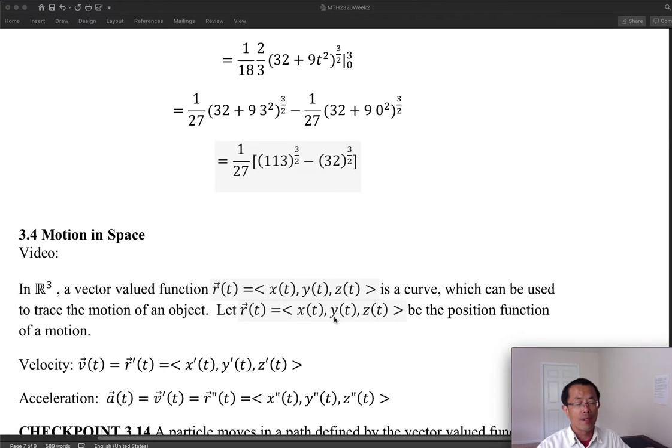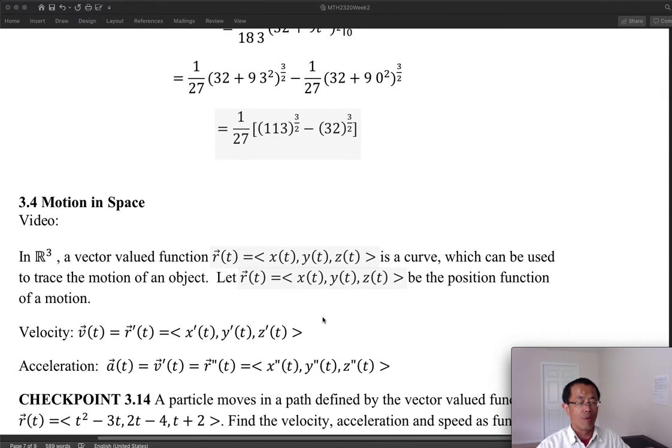We can consider such a vector-valued function as a position function. Then, when you have a motion, there's a velocity. The velocity turns out to be the derivative of the position. And the acceleration is the derivative of the velocity, which turns out to be the second-order derivative of the position.